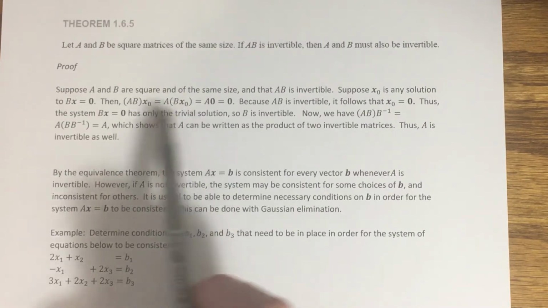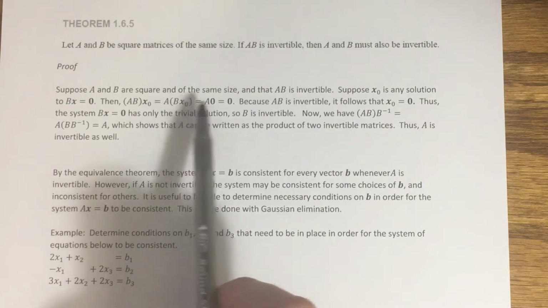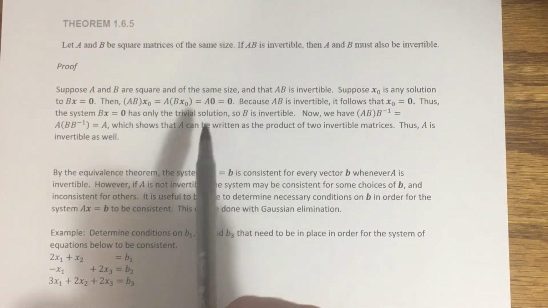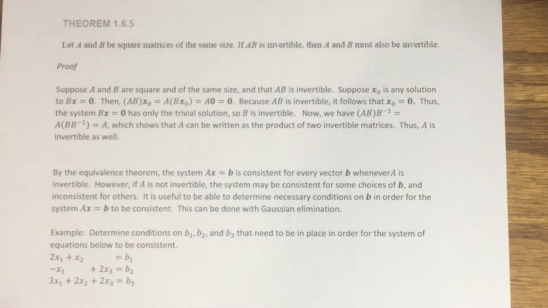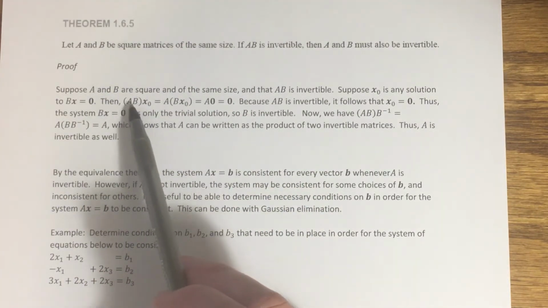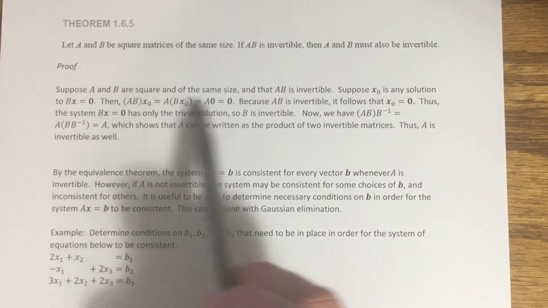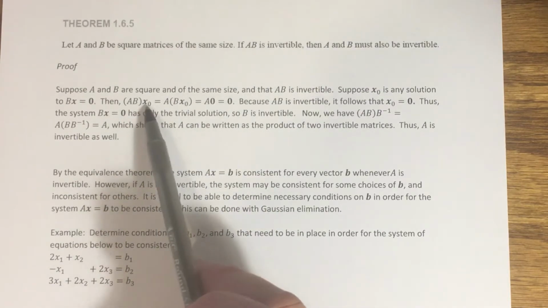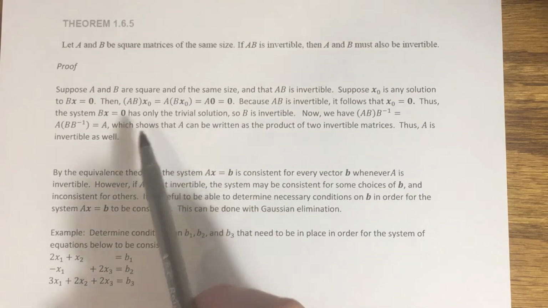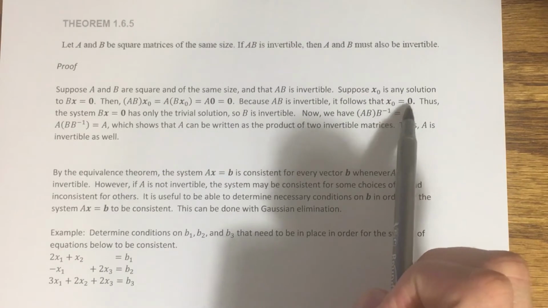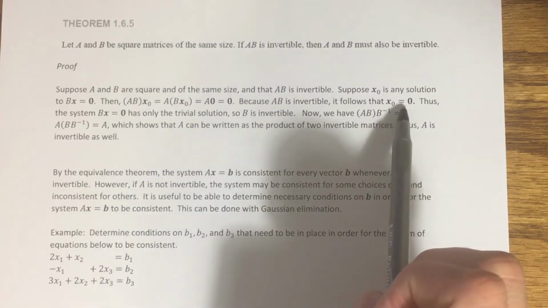Bx naught, if x naught is a solution to this system, is equal to the 0 vector, and A times 0 is the 0 vector. Now remember, we assumed that AB is invertible, and that means if we look at the linear system ABx equals 0, our equivalence theorem says that it should have exactly one solution, the trivial solution. So that would imply that x naught has to be the trivial solution. It has to be 0.